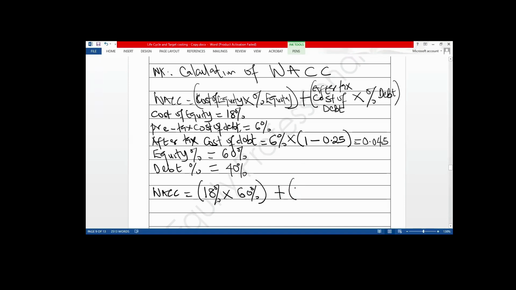After-tax cost of debt, 4.5%, multiplied by percentage of debt, 40%. Please work this out. What is the WACC?